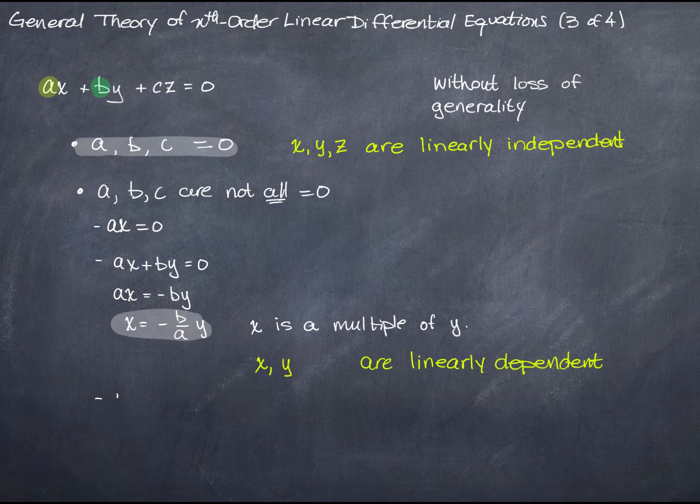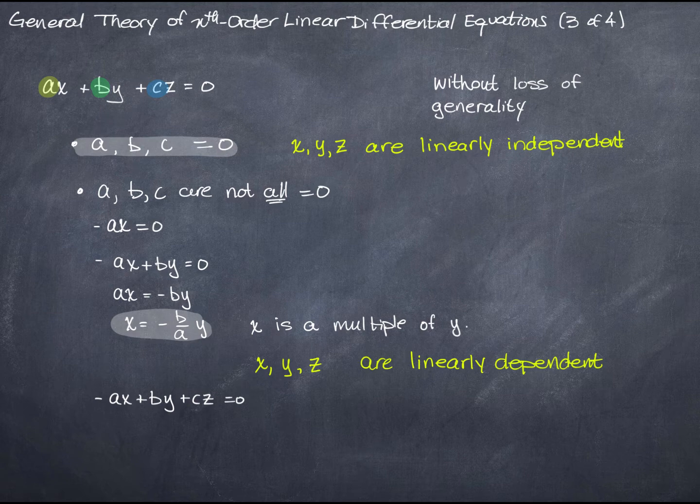Now, there's a third case here where we have ax plus by plus cz equals 0, where none of A, B, and C are 0. So we have all three constants, A, B, and C, non-zero, in which case we say that x, y, and z are linearly dependent.